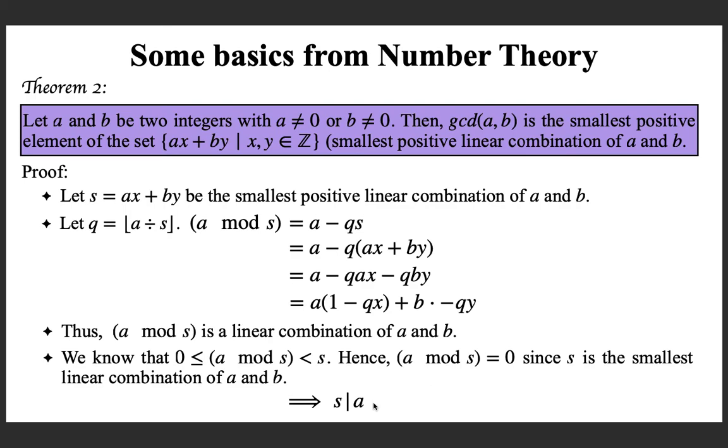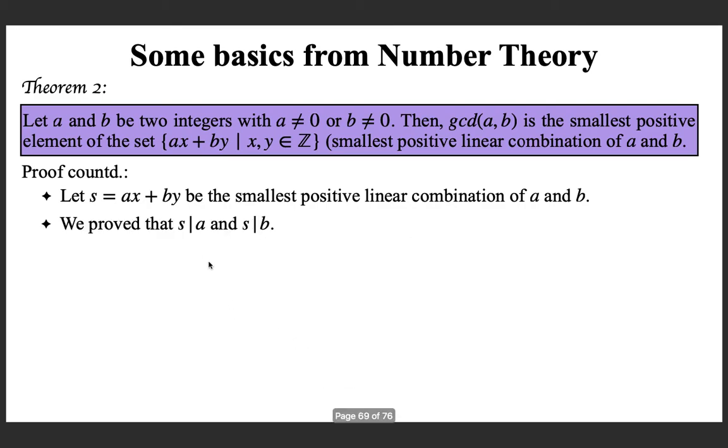And similarly, if you take Q as the remainder of dividing B with S, we can prove that S divides B. Thus, we prove that S divides both A and B, that is, the smallest linear combination of A and B divides both A and B, and hence it is a common divisor.